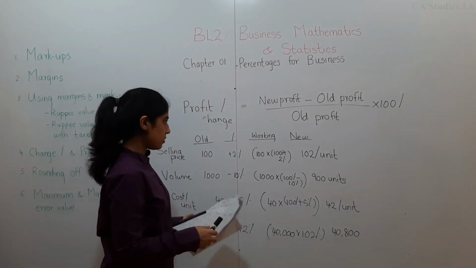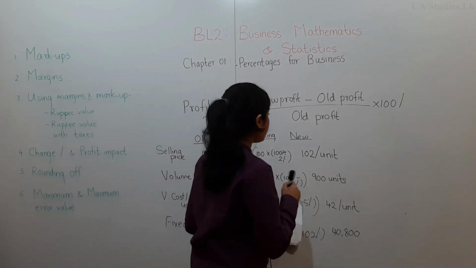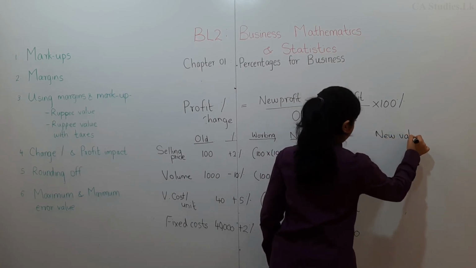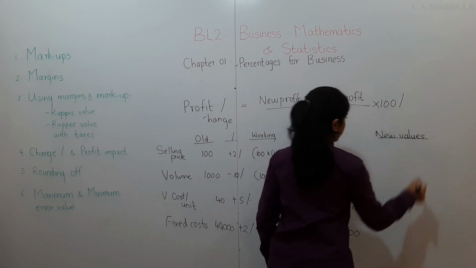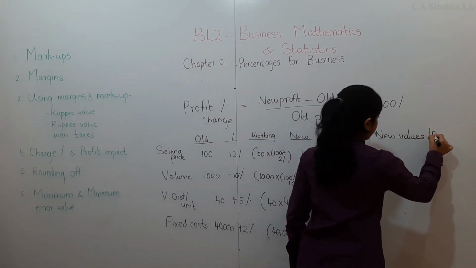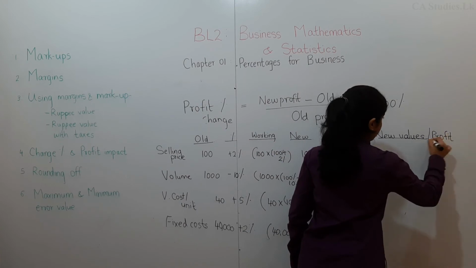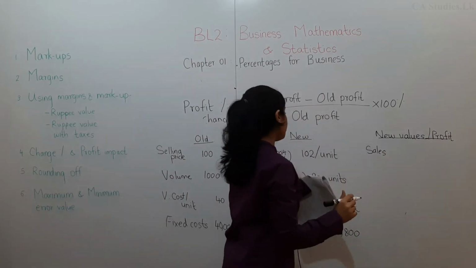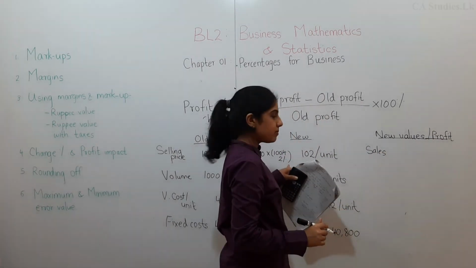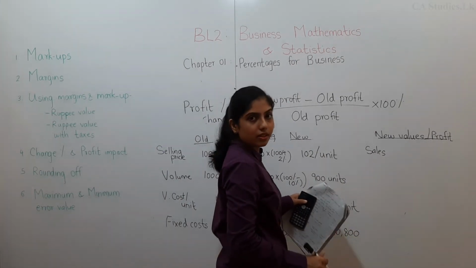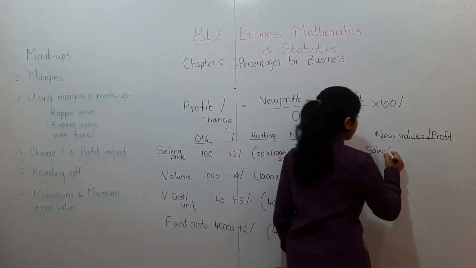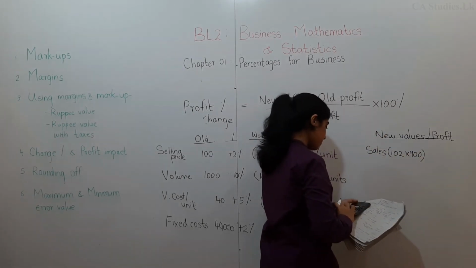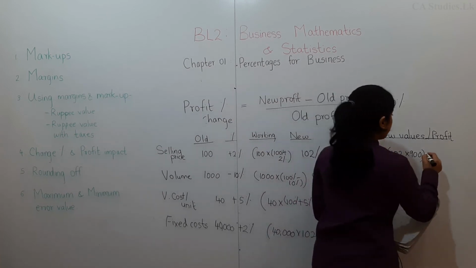Okay, so we got all of the figures. Now let's calculate the new values. Let's say profit. Sales will be, the new selling price is 102 per unit and the new sales volume is 900 units. So 102 multiplied by 900 gives 91,800.